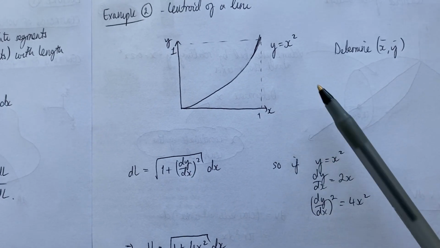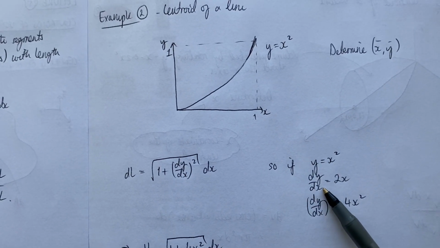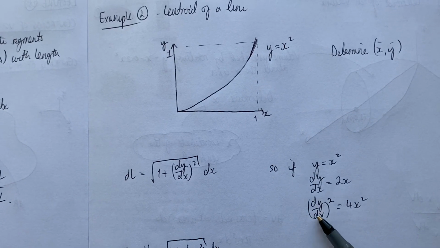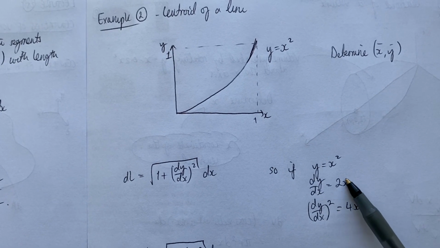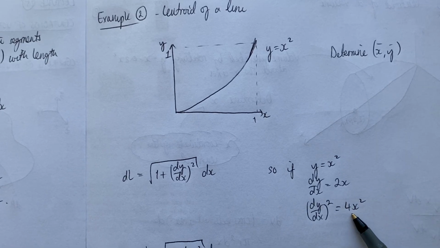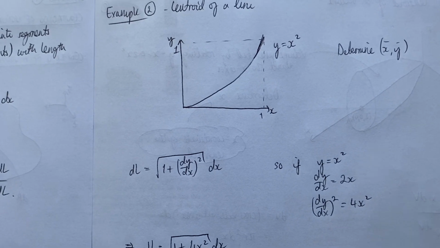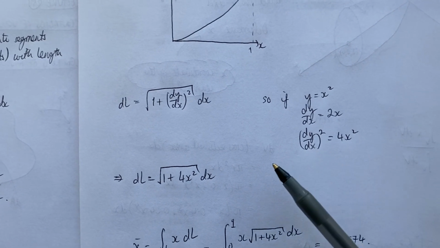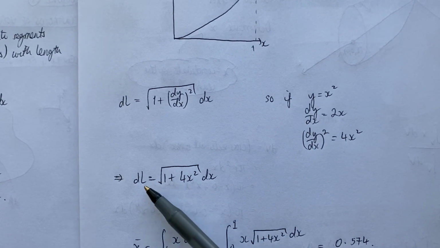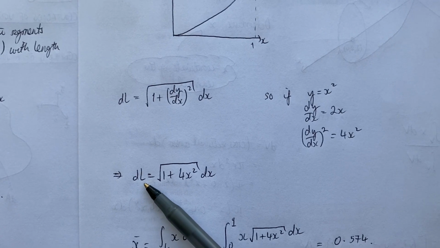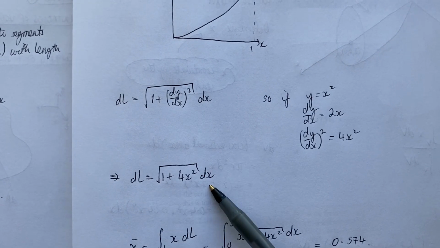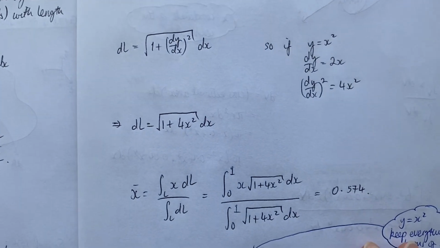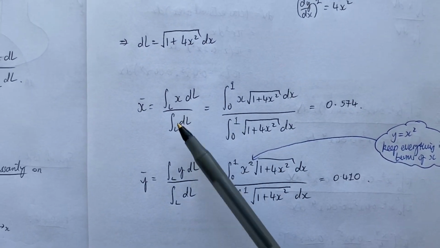So if y equals x squared, the derivative of that is 2x, and then we can find the square of the derivative. We just square this to get 4x squared, and then plug this into the equation for the differential element dl to get this. So now it's this which goes into our integral equations for x bar and y bar.